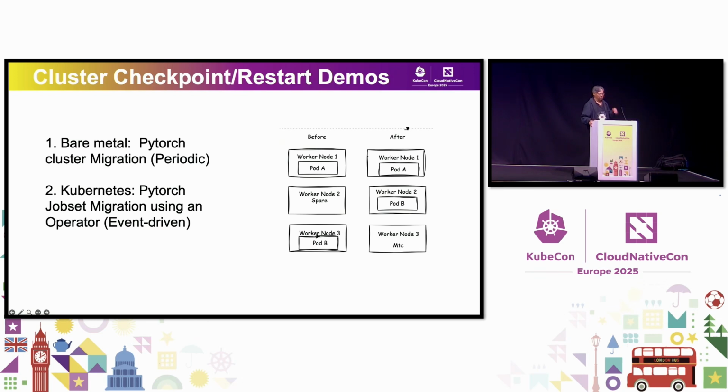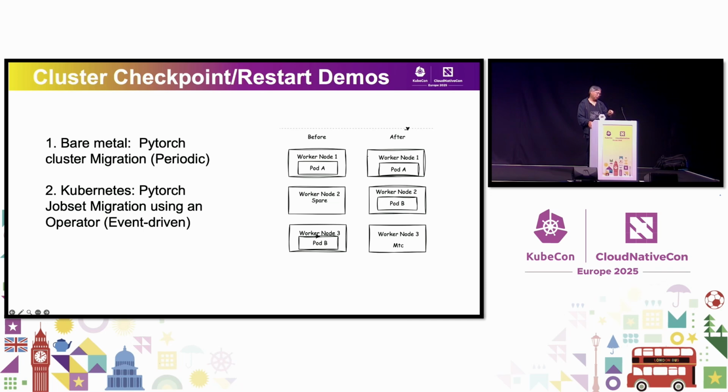So just before I go into the demo itself, I just want to explain what we're trying to do here. To keep things simple, we have just three nodes, 3 workers in each demo. The first demo is going to be a bare metal demo of a 2-node PyTorch distributed cluster, and we're going to use our periodic checkpoint. We'll manually walk through that demo, so you'll be able to see every step of this process.